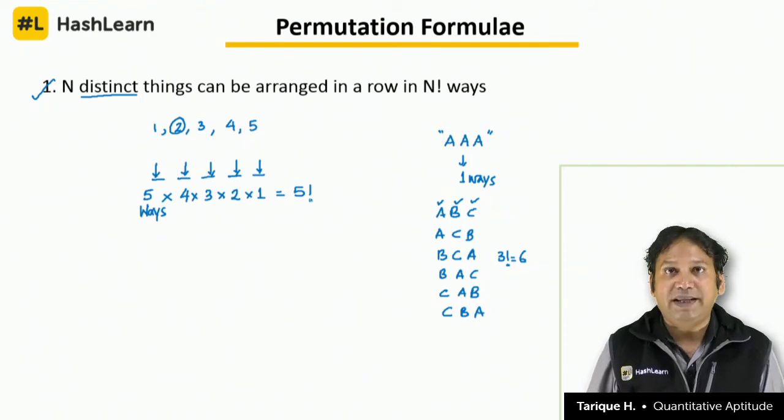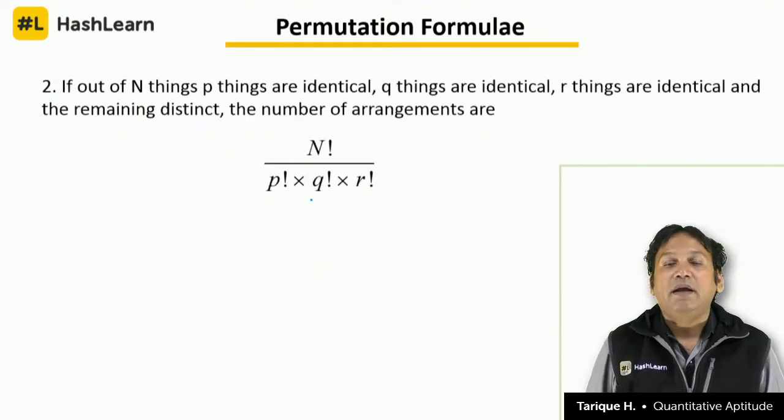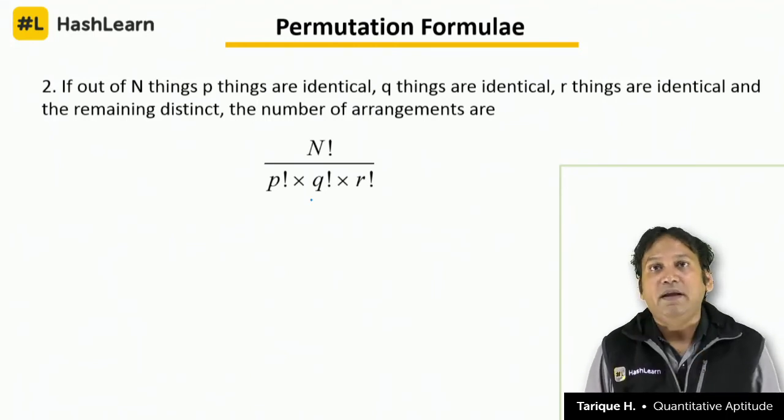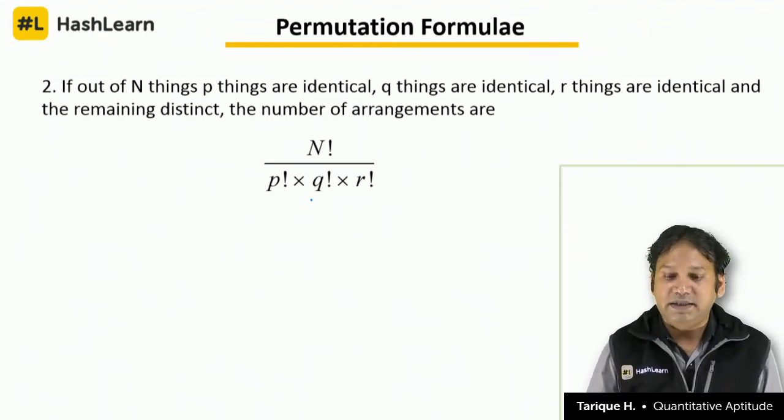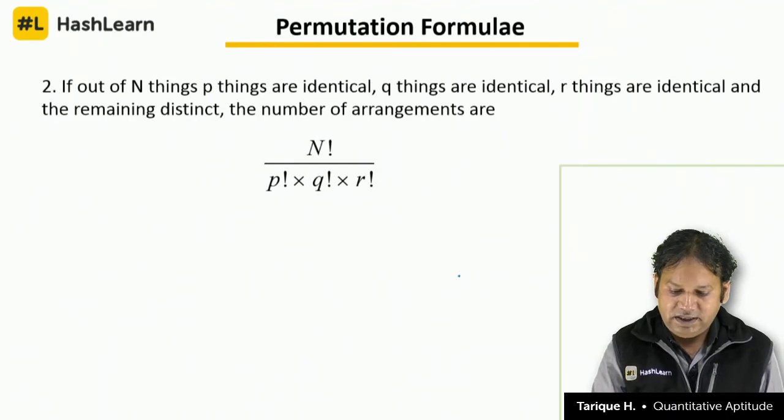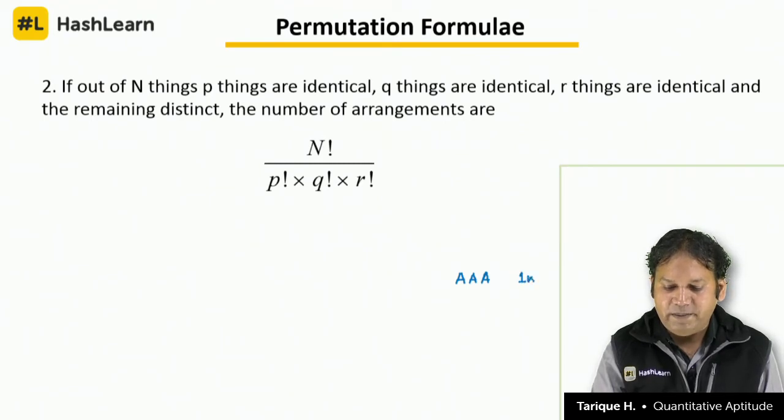Alright, now we will go to the next formula of permutation. Now, this formula deals with those situations where some number of things are identical. If all the things are identical, as we have seen earlier in the example of A and A, then we have only one way of arranging them.